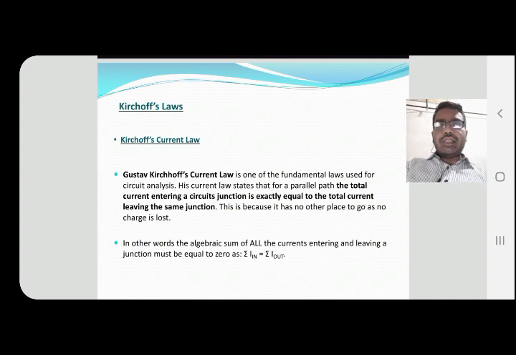As I already told you when explaining the network terminologies, a junction is nothing but where more than three active or passive elements meet. We call it a junction.